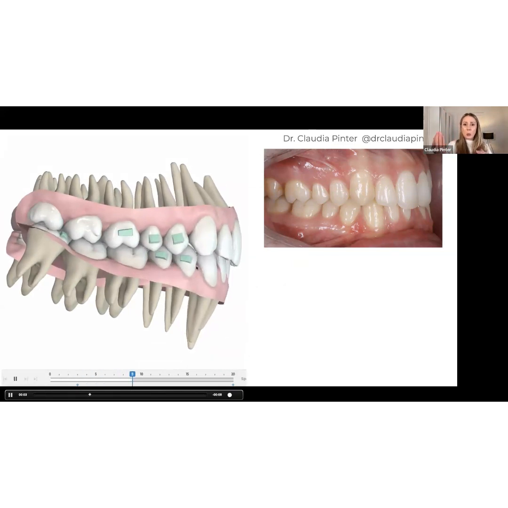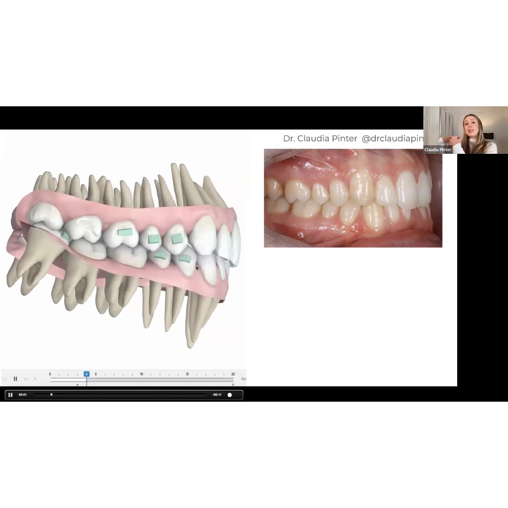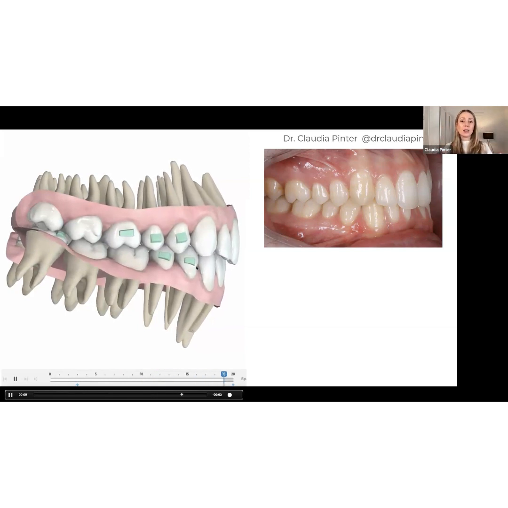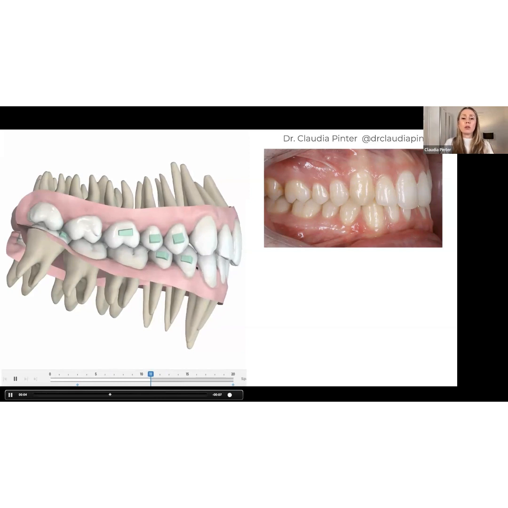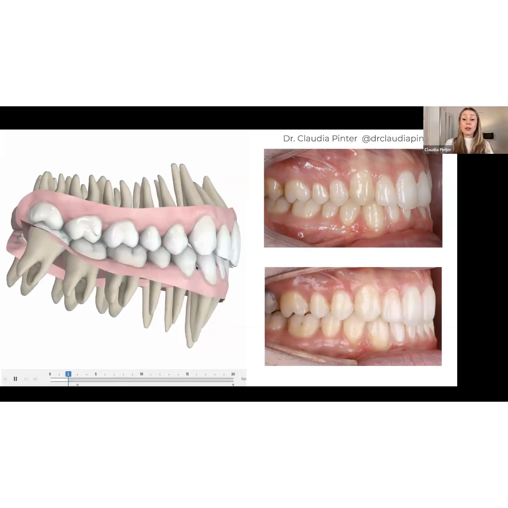So imagine when the aligner wants to intrude lower incisors, the lower incisors exert a resistance. So the aligner wants to lift off from posterior teeth. And to hold the aligner in place, you need to place those horizontal attachments in lower premolars and also in molars. It's not a mistake also to place them in molars. The more, the better. So here you can see that the deep bite was improved.